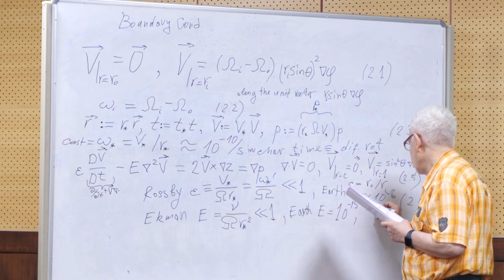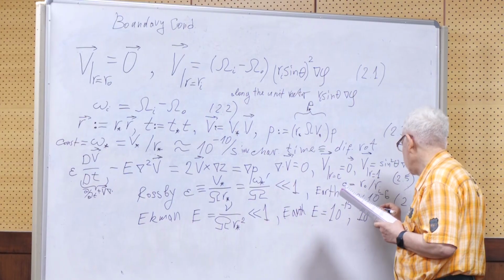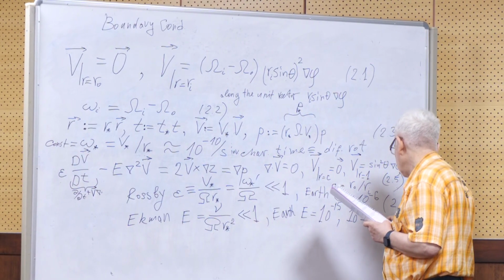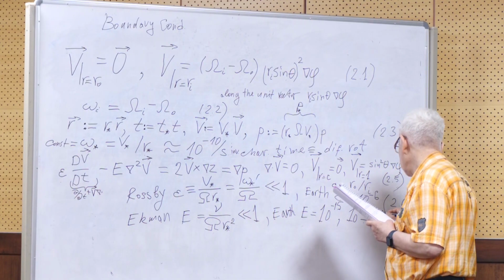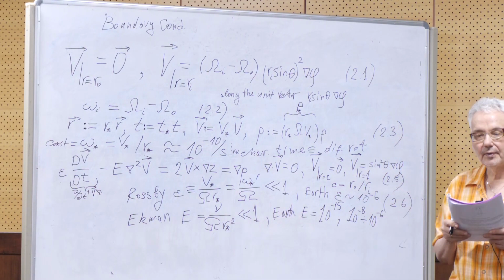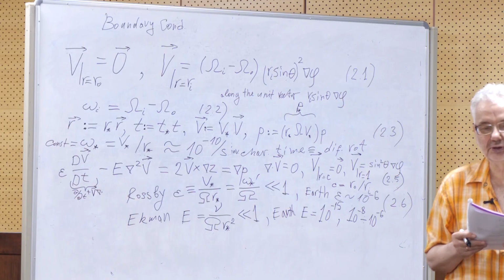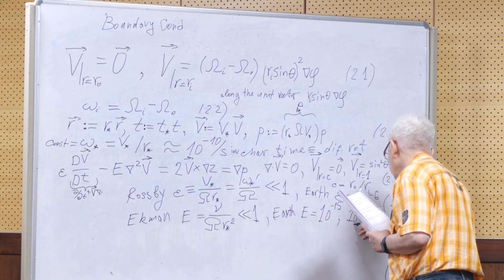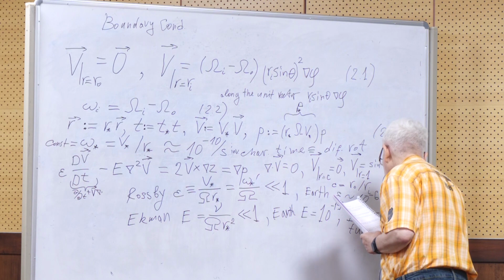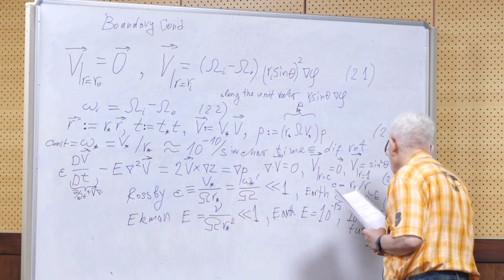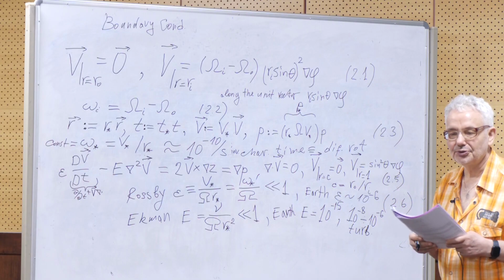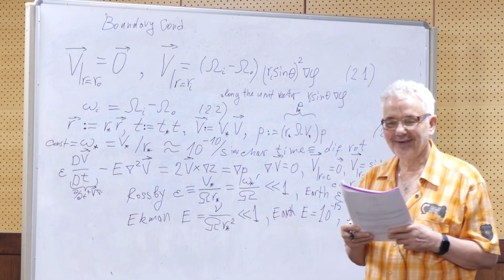So it's 10 to minus 8, 10 to minus 6, something like that, for turbulent estimates. This is turbulent. Somebody doesn't really believe in the turbulence, but maybe, yeah.